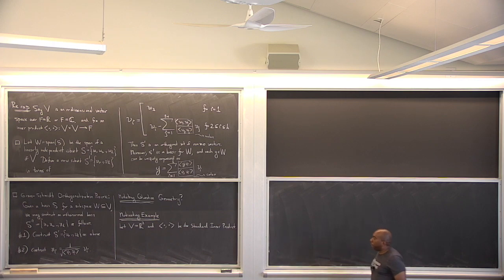Now we saw before that there are infinitely many orthonormal bases. To remind you, let's fix two real numbers a and b, not both 0.